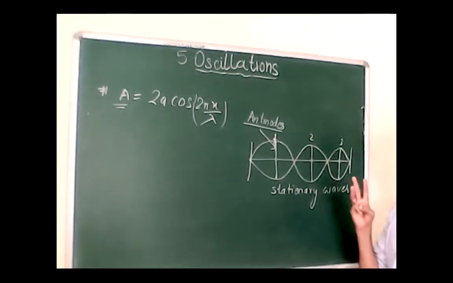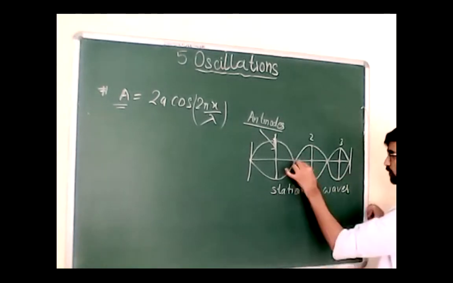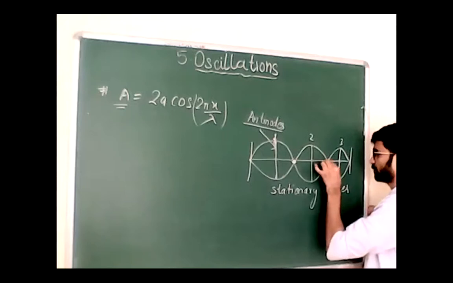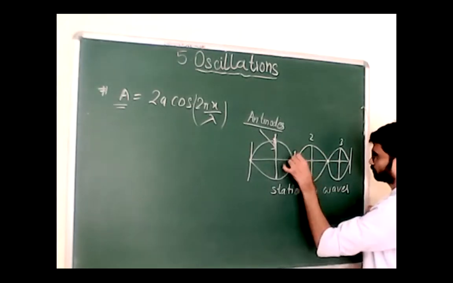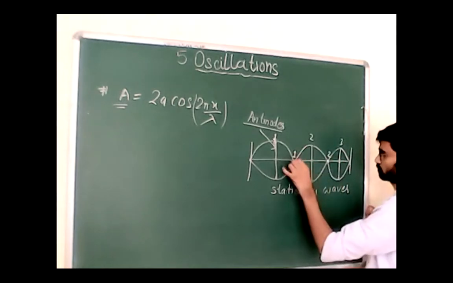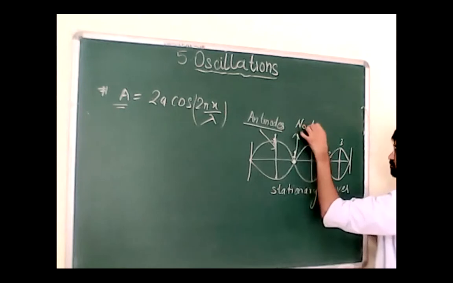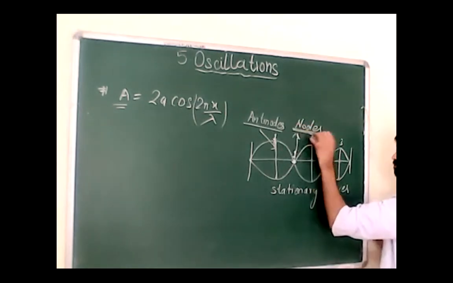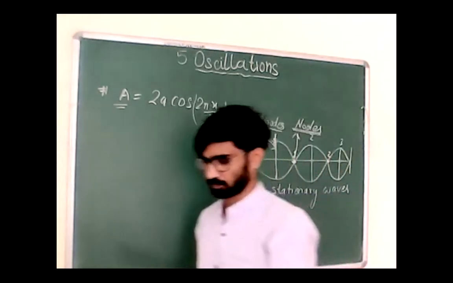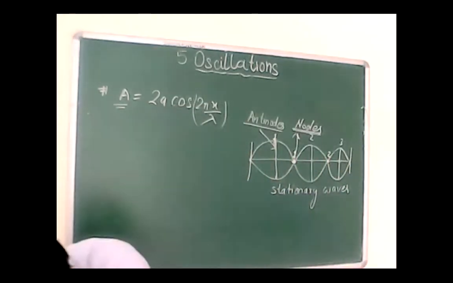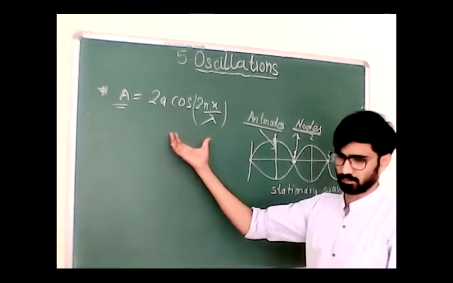And the points where the amplitude is zero are called nodes. For the formation of antinodes and nodes, we have to use this condition.